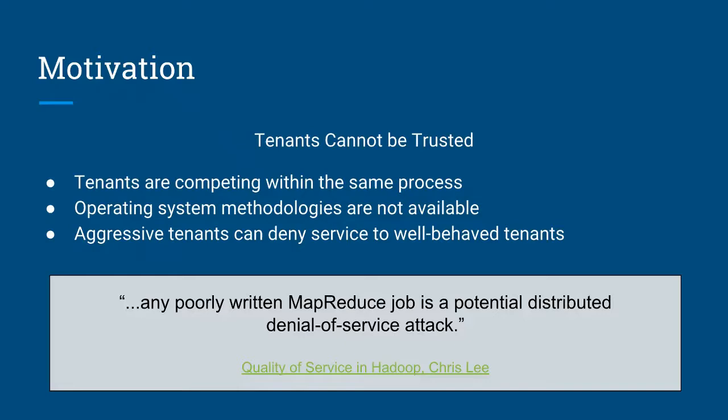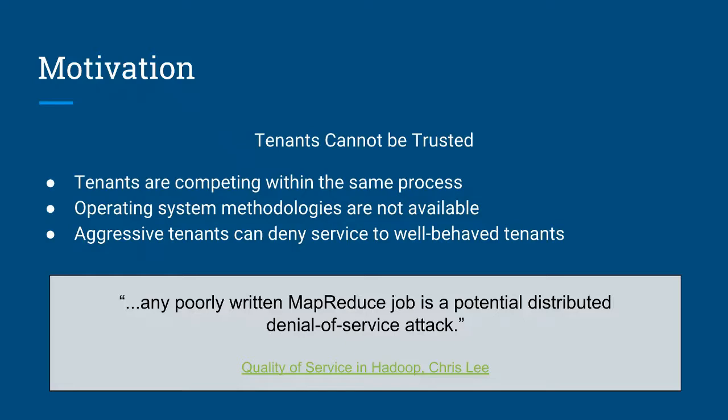That's not the case here. Here they are inside a process trying to get at those resources. The long and the short of it is aggressive tenants can deny service to well-behaved tenants. You may have somebody playing by the rules. If you have somebody who is not, either deliberately or unintentionally, it's going to be very difficult for the well-behaved tenants to get a fair share of the resources.